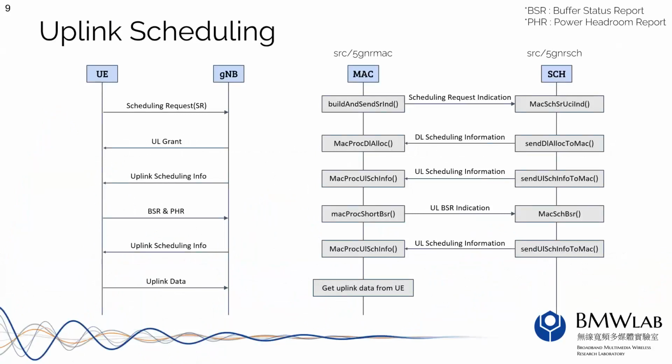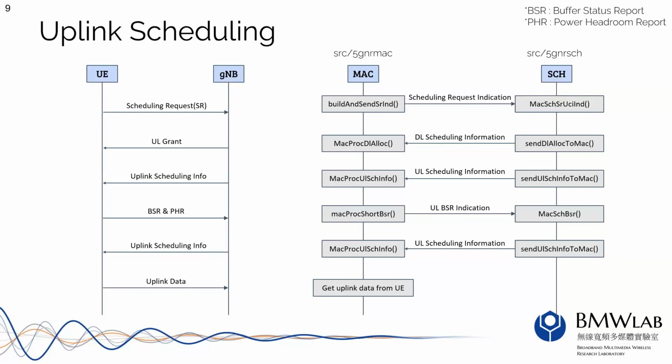The first thing is to send the scheduling request to the base station, to let the base station know that this UE wants to transmit uplink data. Then the gNB will send the uplink grant to this UE to acknowledge this scheduling request.